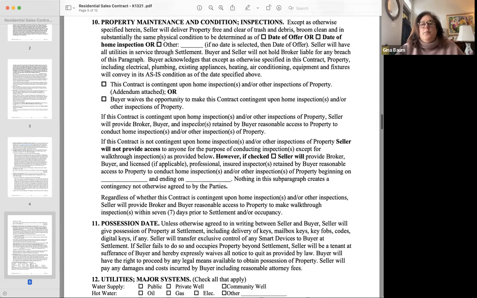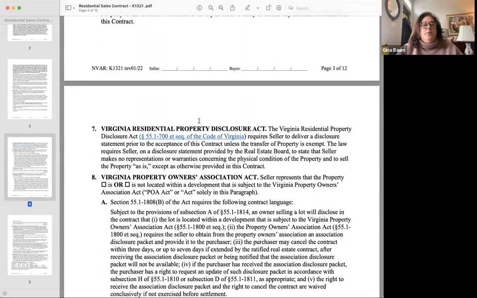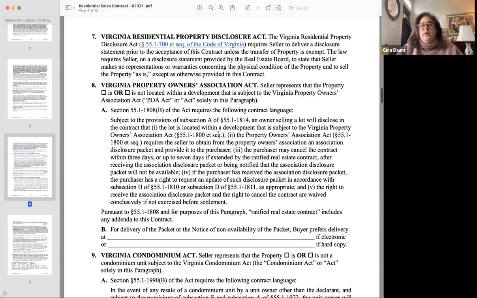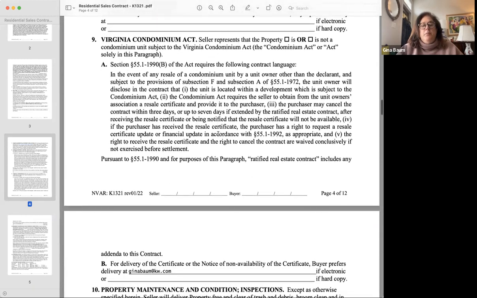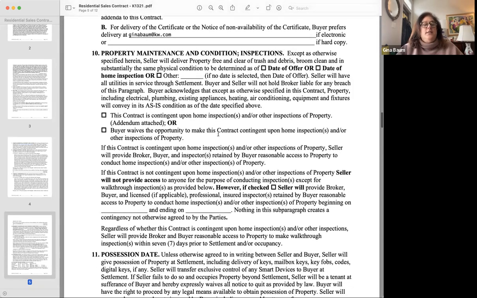So next, we're going to talk about the property condition, okay? We've already read in the paragraph here that pretty much everything, the property is as is, right? So your buyers are going to be making offers based on the condition of the property as they see it.